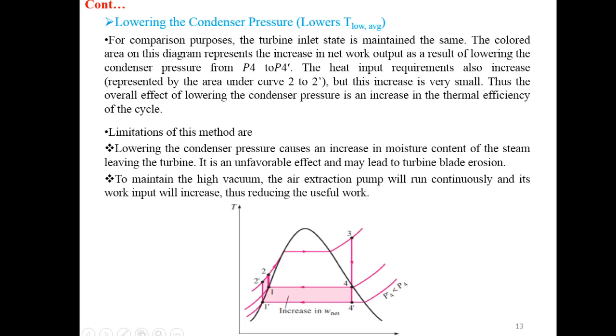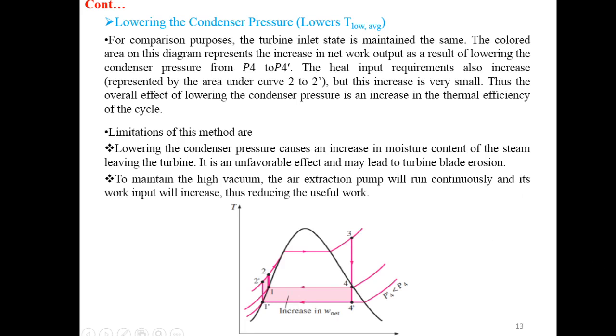The heat input requirement also increases, represented by the area under the curve 2 and 2 dash. So heat input requirement increases and our net work also increases, but this increase is very small. So the increase in heat input is very small as compared to the increase in net work.